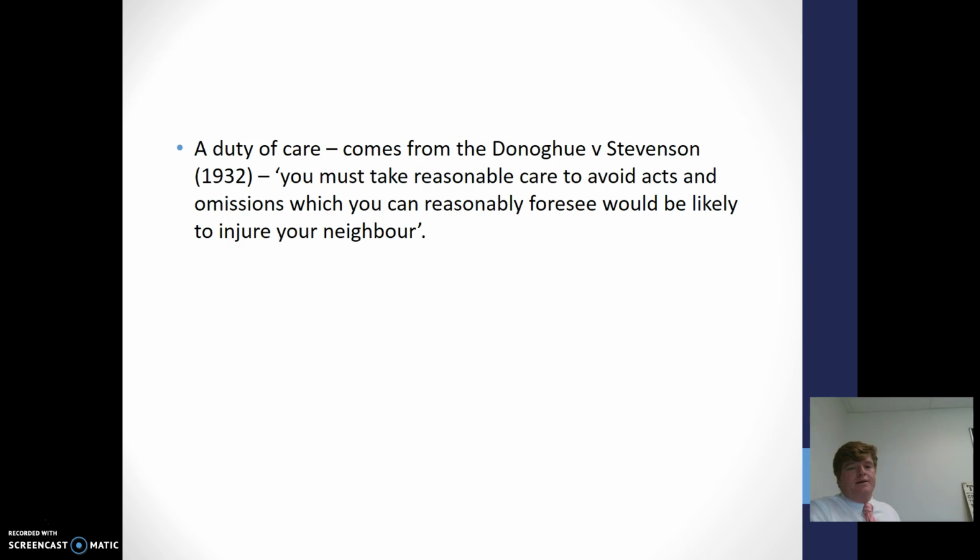Now, here comes some really interesting history about where the duty of care comes from. One of the first negligence cases came when a person having a drink got sick after there was a slug found in their drink.